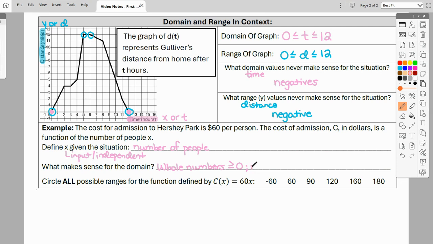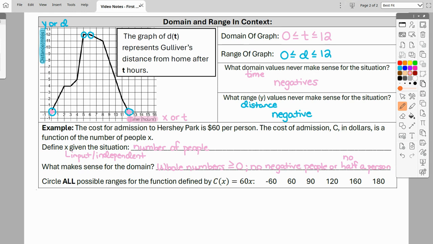So I'm going to write the reasoning: no negative people or no half a person. That's why I'm sticking to greater than or equal to 0 for whole numbers.